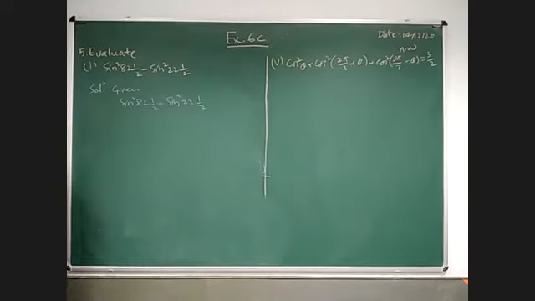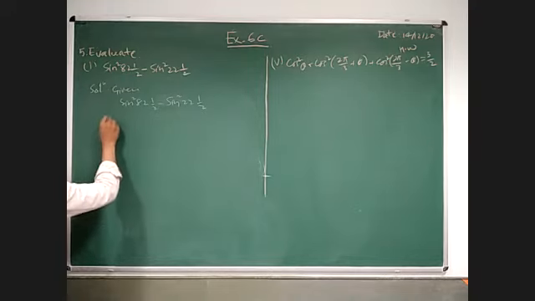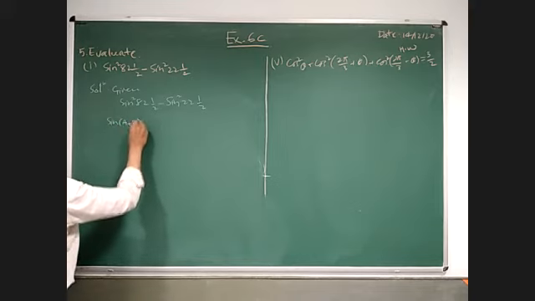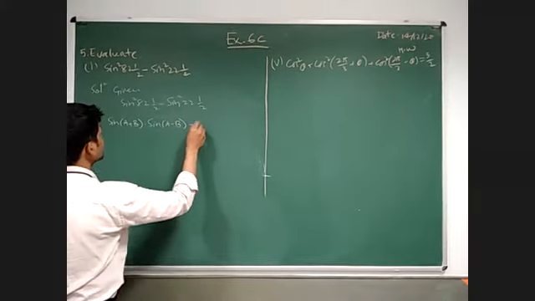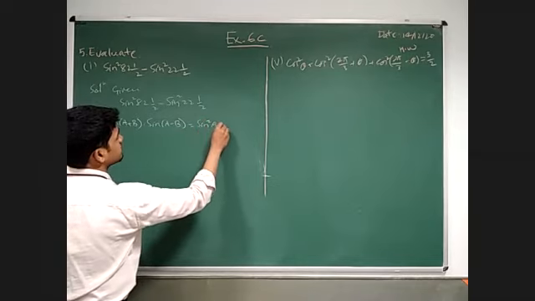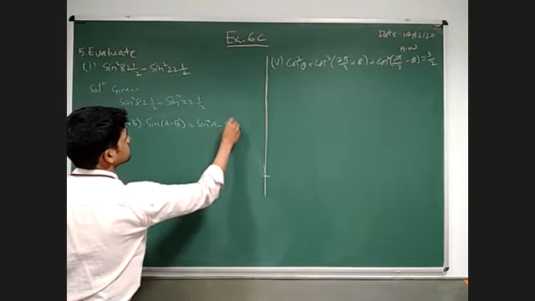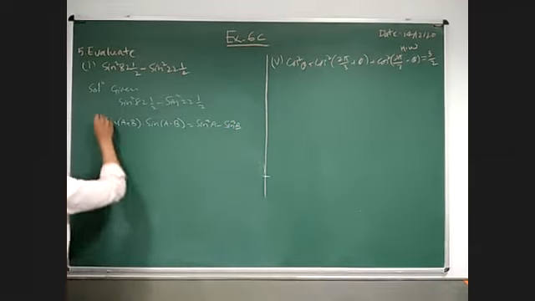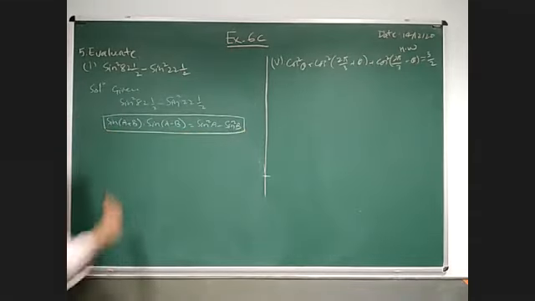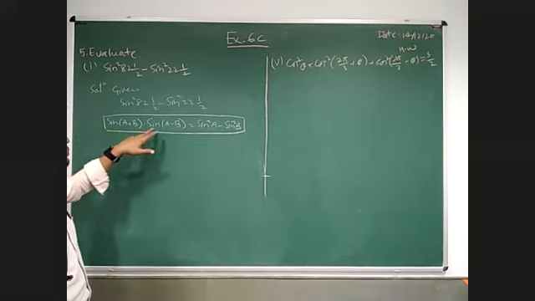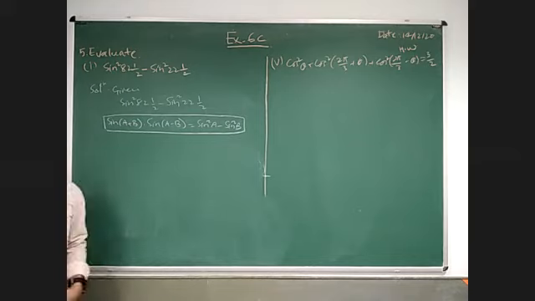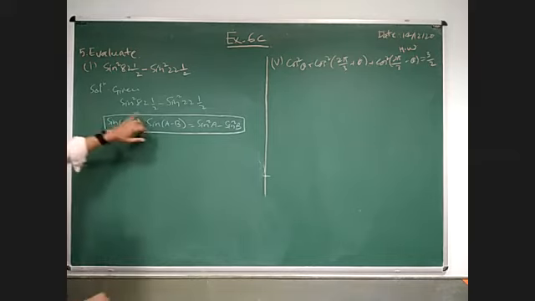So here the formula I know is the product of compound angle: sine (A plus B) into sine (A minus B) is equal to sine square A minus sine square B. That is, sine square A minus sine square B is equal to sine (A plus B) into sine (A minus B). So I can use this formula here.